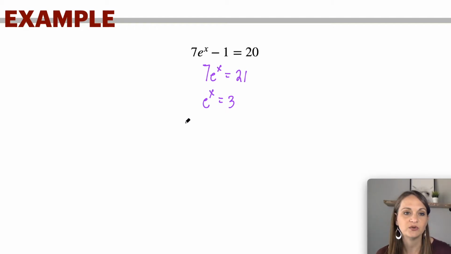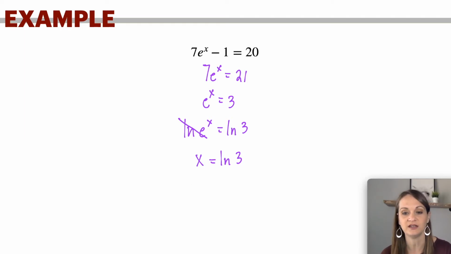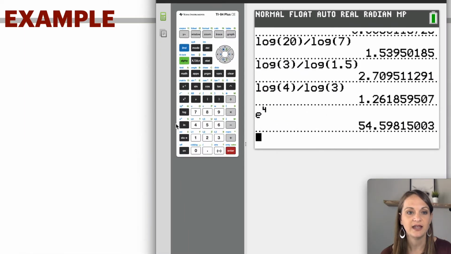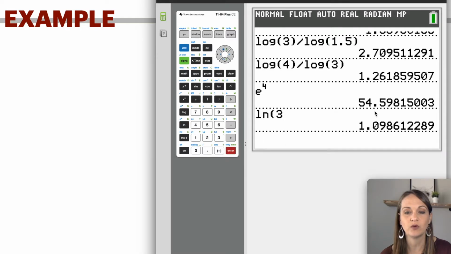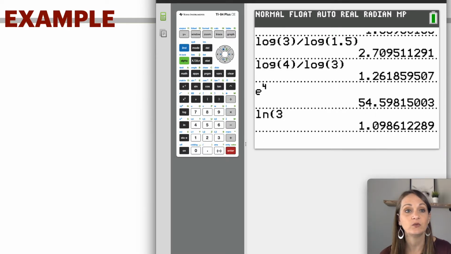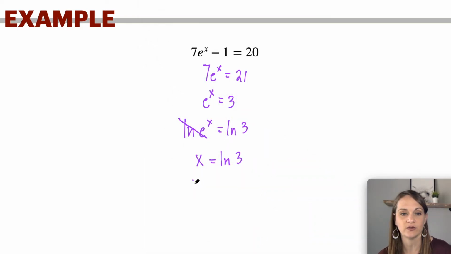So what we're going to do is take the natural log of both sides, because the natural log of e cancels, leaving you x, and on the other side, you get the natural log of 3. You pull up your calculator and click the natural log button of 3, and your answer is basically 1.1 if you were to round it. So x would equal approximately 1.1.